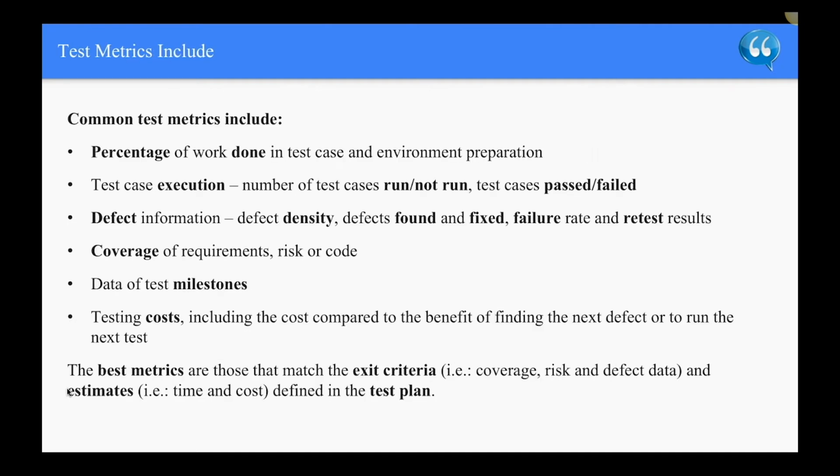So the metrics include percentage of work done in test case and environment preparation, test case execution, number of test cases run, not run, test cases passed or failed, defect information, defect density, defects found and fixed, failure rate and retest results, coverage of requirements, risks, code, dates of tests, milestones, testing costs, including the cost compared to the benefit of finding the next defect or to run the next test.